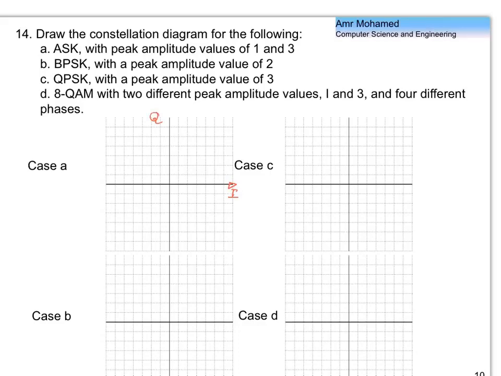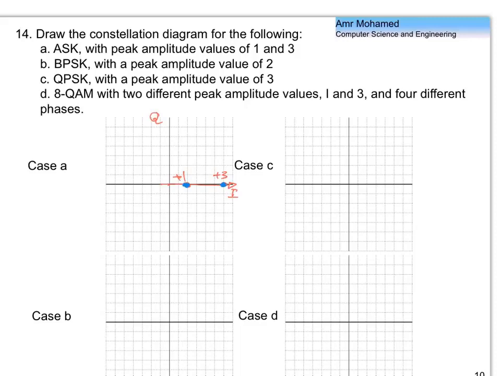For ASK, the phase shift is always 0, which means that we are always on the x-axis. So we have 2 representations, one with a value of 1 and one with a value of positive 3. So we have 2 dots, 1 and 3.